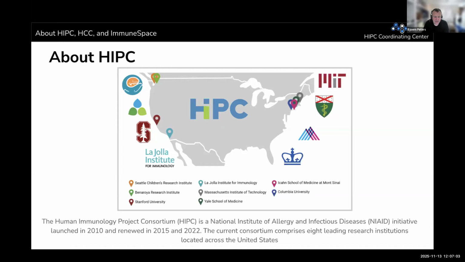The current centers that are funded you see here. So this has always been a set of centers that are really at the forefront of human immunology profiling. And the goal of this network is that while each of the centers performs work that really stands by itself, by integrating the data generated by the different centers, we want to have added value. Next slide.